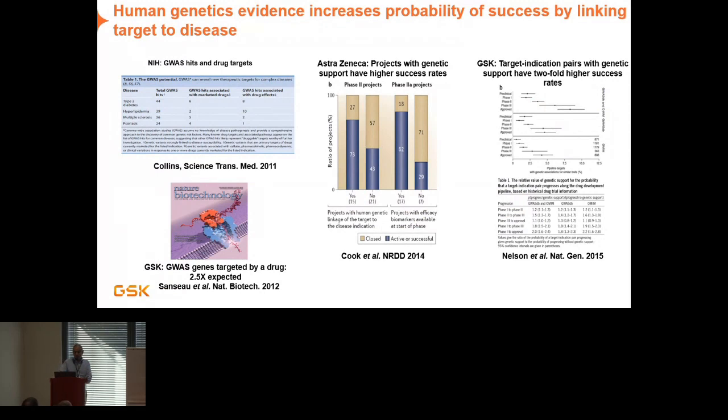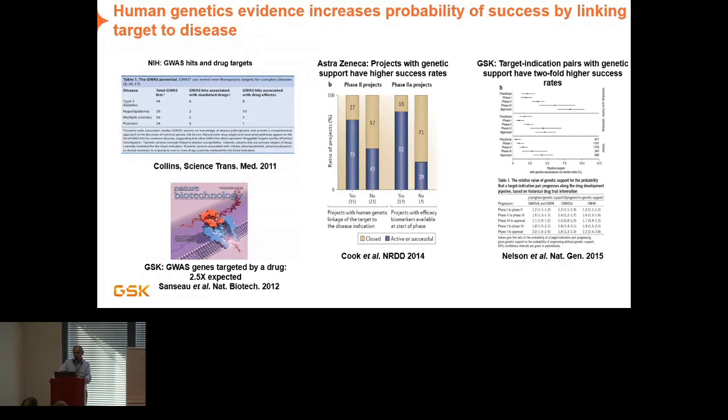And a year later, we were doing some work on drug repositioning using what we call GWAS genes, and we did notice that there was some form of enrichment in terms of drug targets as well. And again, a couple of years later, some colleagues at AstraZeneca demonstrated that their programs looked to be more successful in phase 2 where they had some genetics evidence, and the other ones were failing.